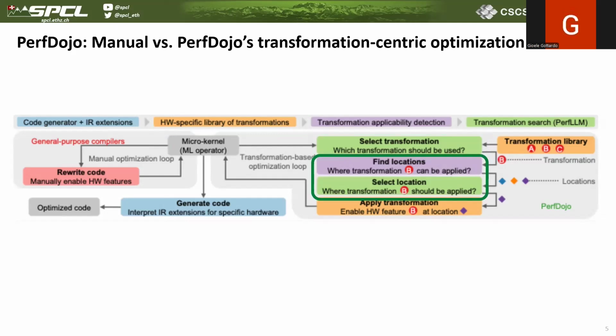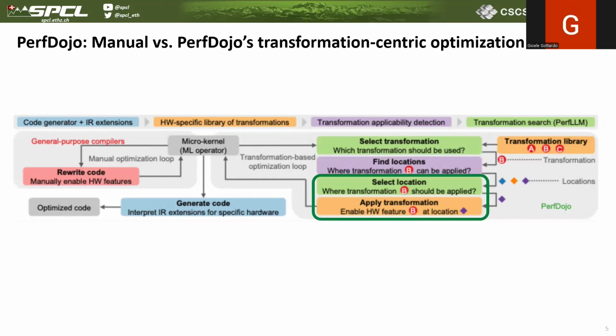And again, the user here will either manually or automatically select the location where they want to apply the transformation. And once we have both the location and the transformation to be applied, the system will apply the transformation and generate the code. And again, this process can be iterated to obtain a final optimized kernel.